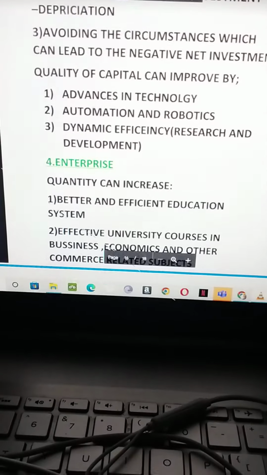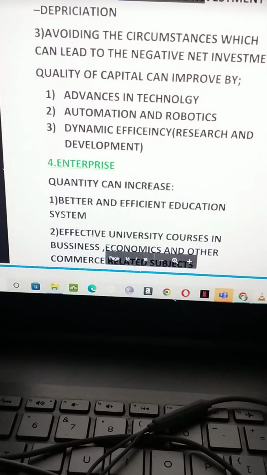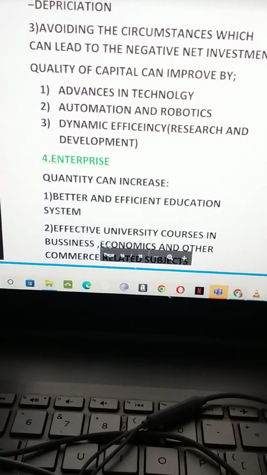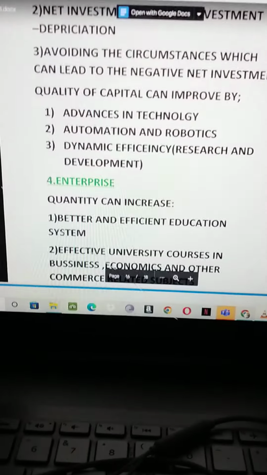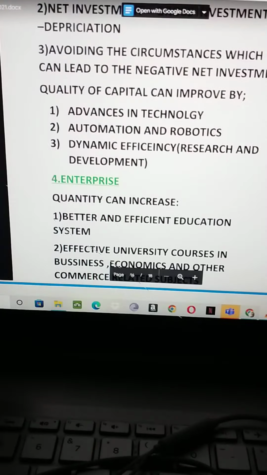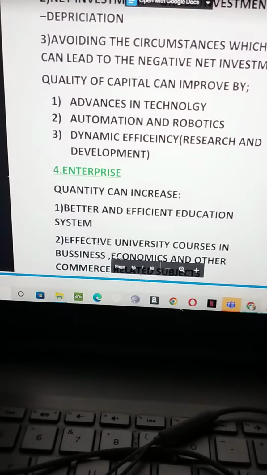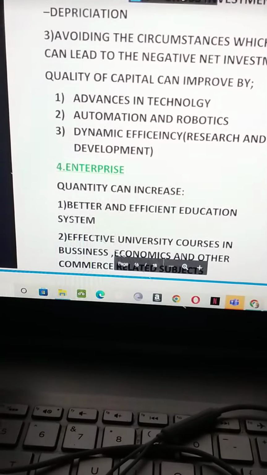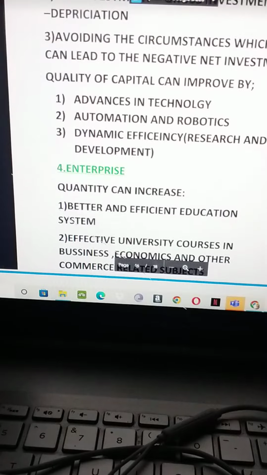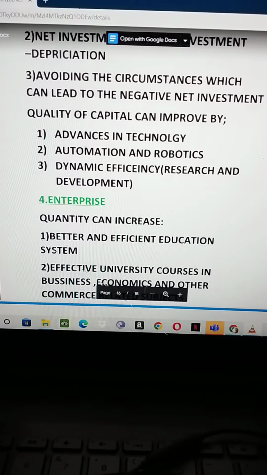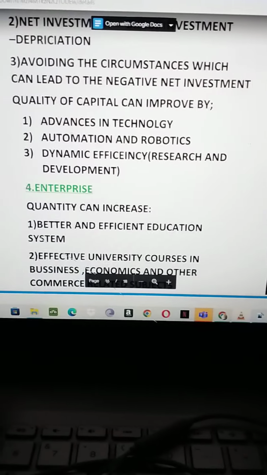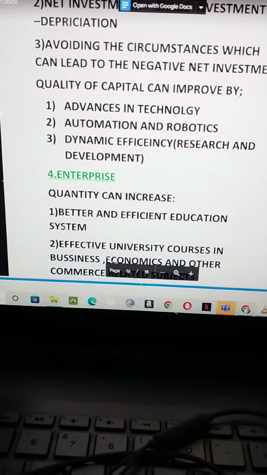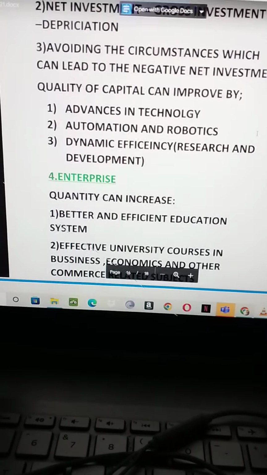Enterprise is always linked with loss bearing, risk taking. An enterprise basically can be increased in quantity or quality by the government providing some training programs for the entrepreneurs, providing them with some level of funds, and also providing them subsidies.